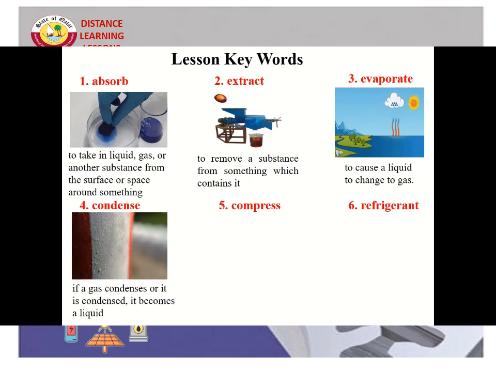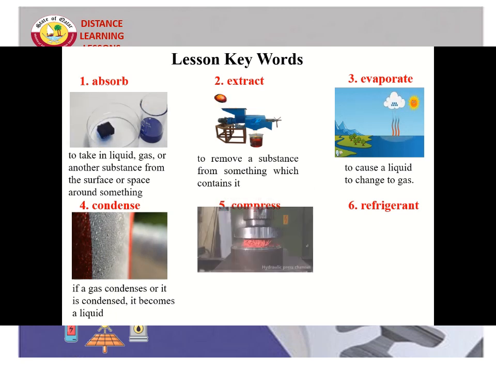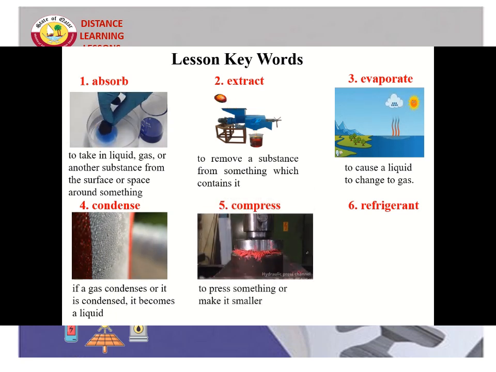If a gas condenses or is condensed, it becomes a liquid. Compress means to press something or make it smaller, or to press something into a smaller space, that is, to apply pressure to it. Example, compressed air.